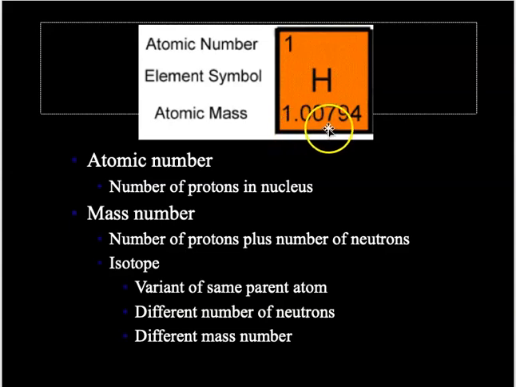The mass is how much one atom of hydrogen weighs on average. This can change. This doesn't change. This can change. And remember that the mass is when I weigh the protons and the neutrons, and this number varies and varies and varies.